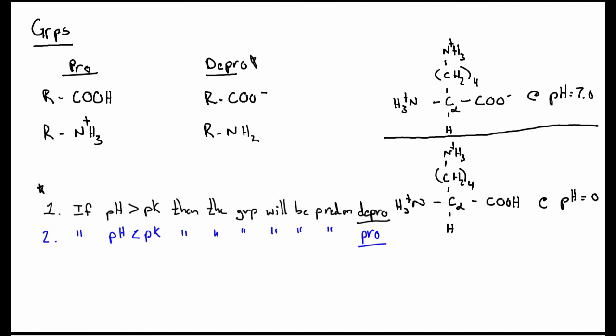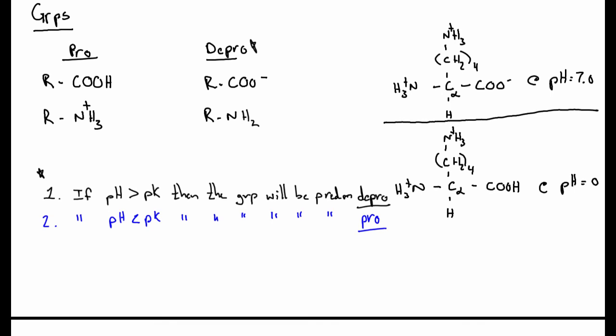Okay, so let's think about these things in terms of lysine. I'm running out of room here with my lysine molecule, but that's okay, I'll crunch it in here. We want to think about this at a pH of 11, and one of the things we want to make sure we do here is look at our pKs. We'll draw the pK of what we call pK1 according to our worksheet. Let me look at our worksheet because I can't remember the exact number. The carboxyl group is going to be 2.18. That's the pK for that alpha carboxyl group.